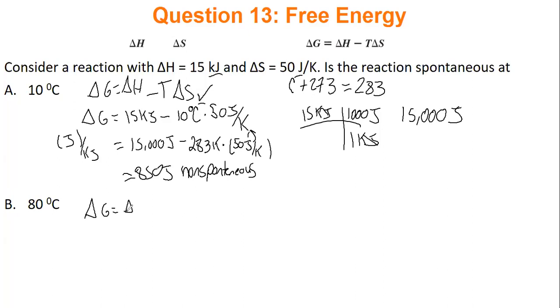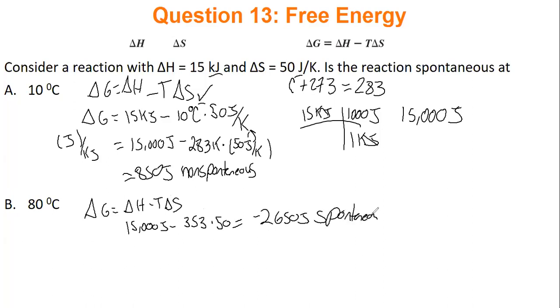So delta G equals delta H minus T delta S. Let's see, I'm going to do the same thing: 15,000 joules minus, this will be 273 plus 80, which is 353, times 50, equals minus 2650 joules. Any number that is negative is a spontaneous reaction.